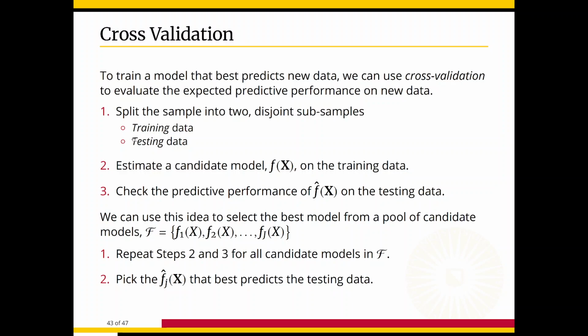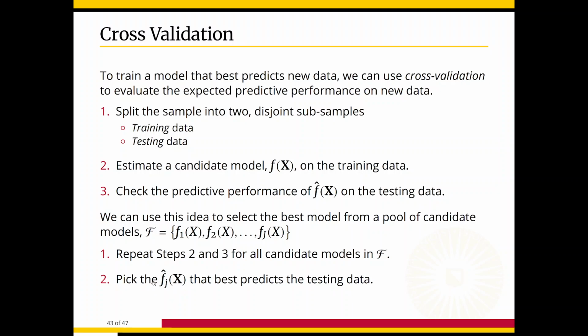We don't have to do that every time, but once we have the data split, then we simply estimate each one of our candidate models on the training data, and then we calculate the test MSE for each model on the testing data. And then we decide on the best model simply by finding the one that gives us the lowest testing MSE. So that's the model with the best performance.